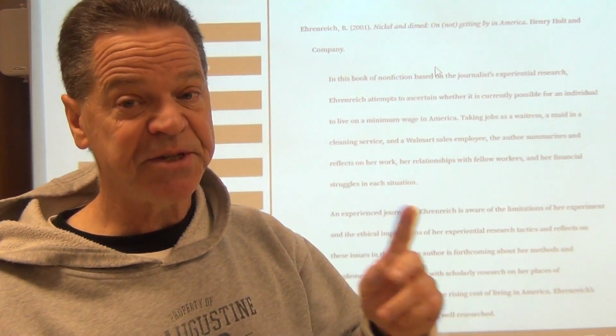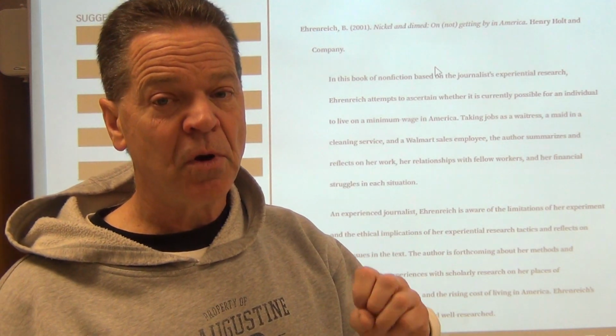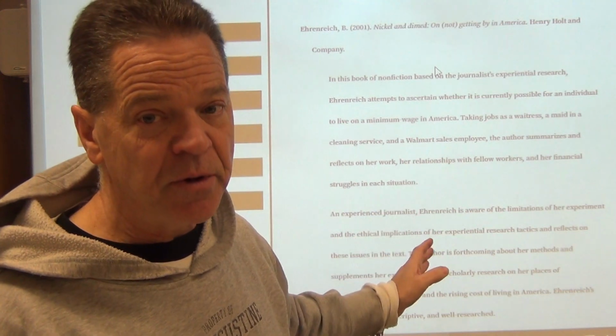And the second part, also 2 to 3 sentences, is where you talk about how it helps you in your study. But somehow, between those 2 parts, one of them has got to be at least 3 sentences so that you end up with at least 5 sentences. Do the math. The first one's got to be at least 2 sentences. The second part's got to be at least 2 sentences. Well, one of them's got to be 3 to make a total of 5.